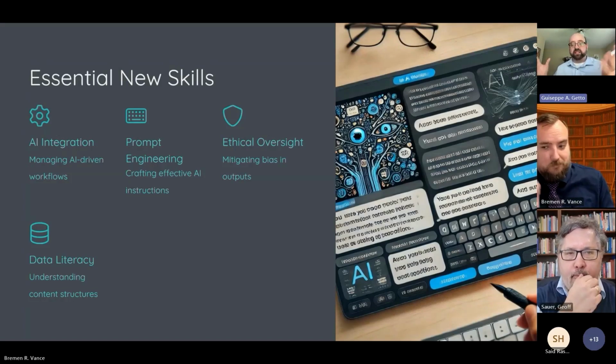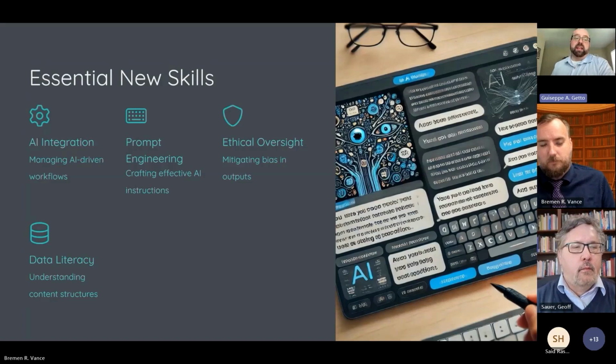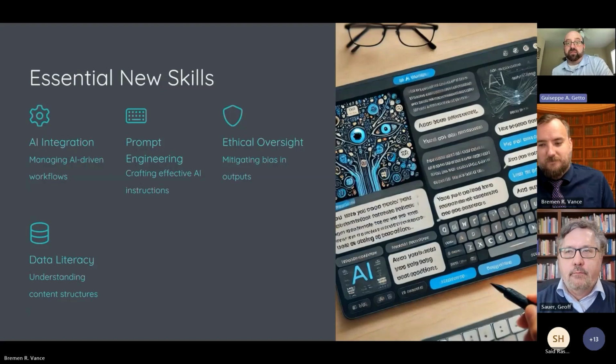Prompt engineering, of course, I feel like is the main one that we've talked about. But that's really huge too. In the context of RAG, imagine if you had a context of 30,000 separate documents. How you prompt that data is going to mean the difference between I get exactly what I want and it's just nothing. It's not effective. Ethical oversight.